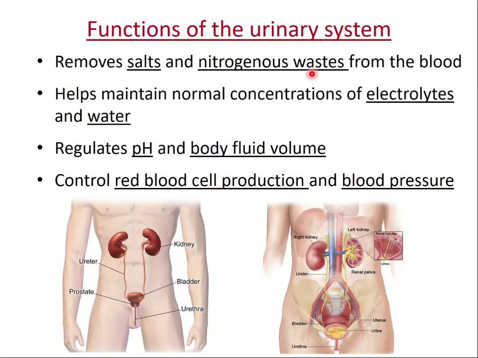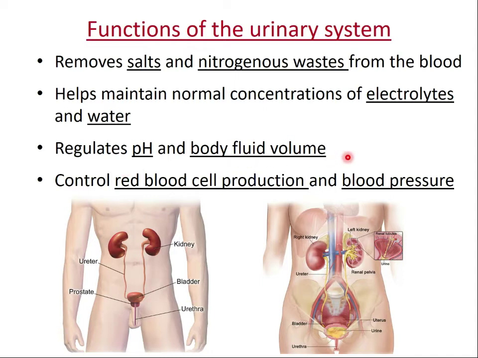When waste products are being produced, the urinary system helps eliminate those, and it helps balance the concentration of electrolytes and water, maintaining homeostasis of the various electrolytes in our body. It regulates pH and body fluid volume.